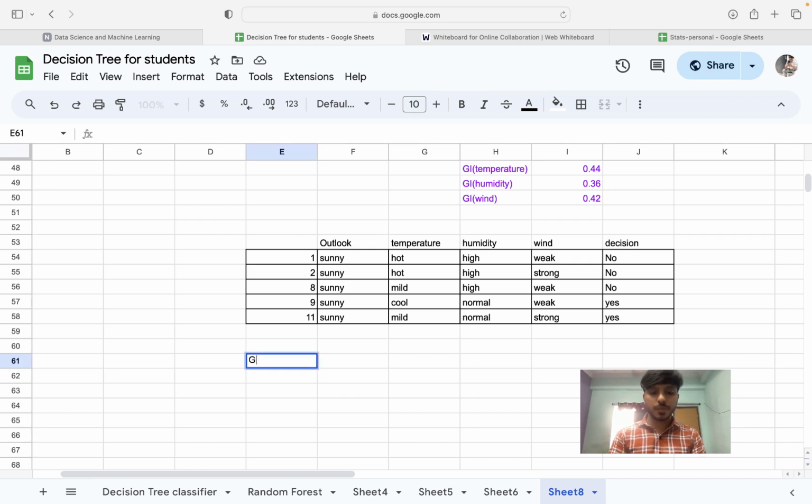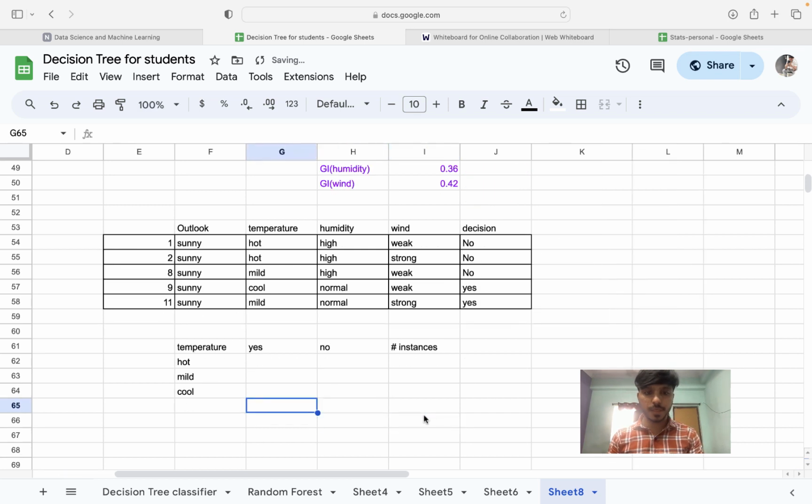So I'm going to calculate the Gini impurity of temperature. First of all, I need to create a subtable: temperature, yes, no, and instances. The calculations are a bit faster because we don't have much data. When it is hot, both are no, so 2 no's, 0 yes, total instances are 2.